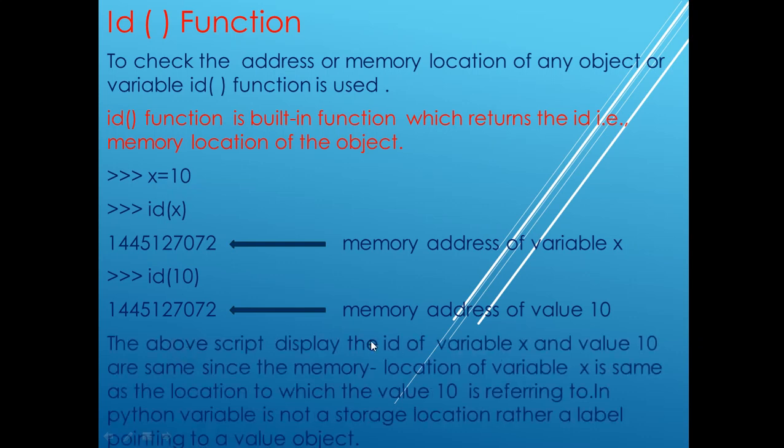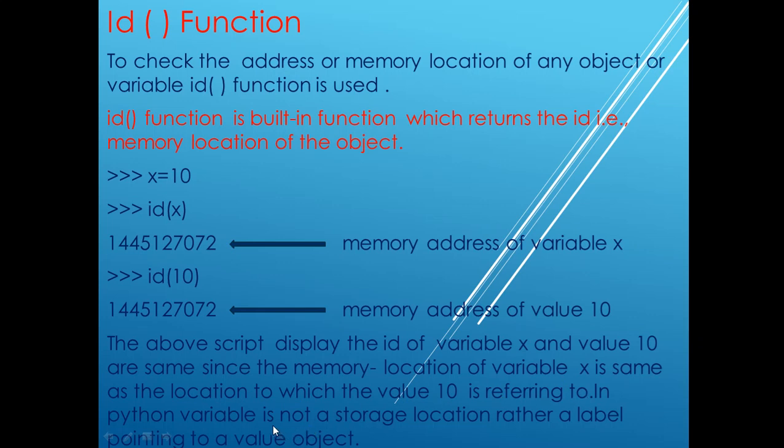The above script, meaning the code we have written, displays the id of variable x and value 10. The above script returns that the ids of both variable x and value 10 are the same, since the memory location of variable x is the same as the location to which the value 10 is referring.